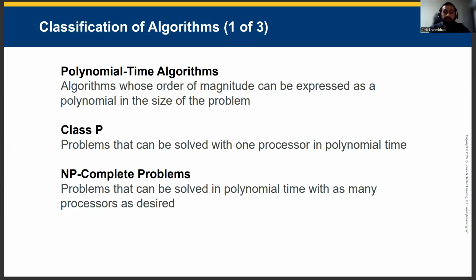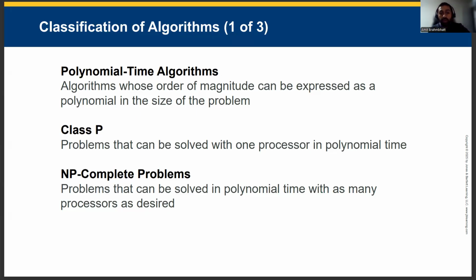Classification of algorithms. Here, in the discussion of algorithm classification, we will be looking at polynomial time algorithms. These are the ones whose running time can be expressed as a polynomial function of the input size, such as n, n squared, or n cubed. These are considered efficient and practical.